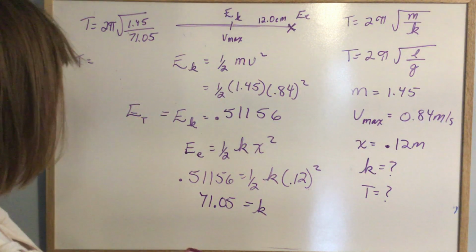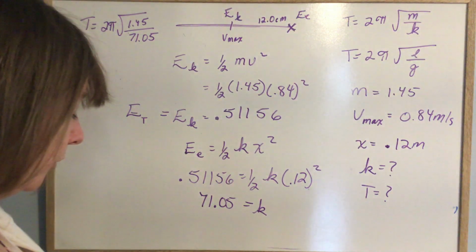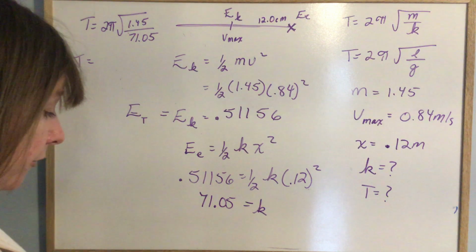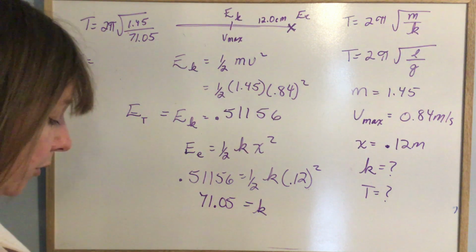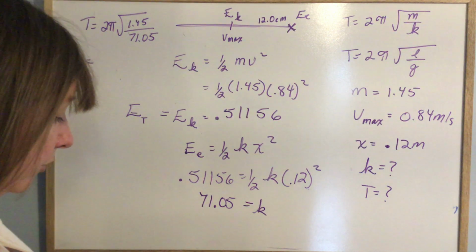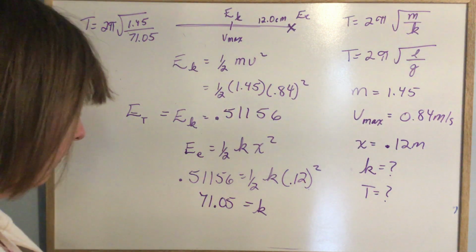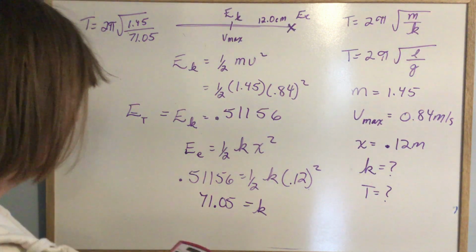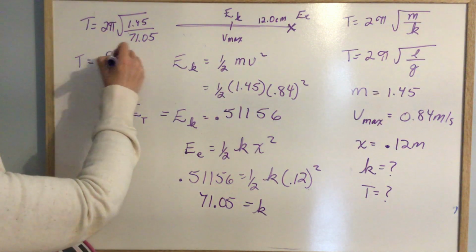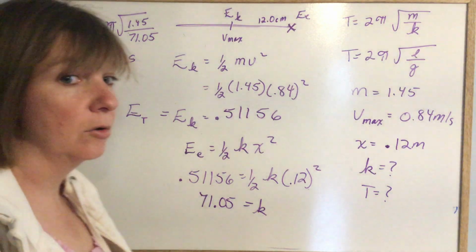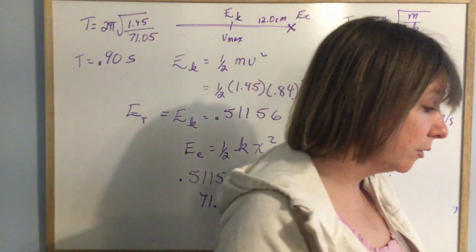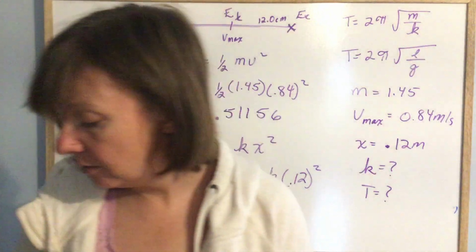So if I do 1.45 divided by 71.05, and I take the square root of that, and I multiply it by 2 pi, I get 0.897, which would round off to 0.90 seconds. So not quite 1 second, which makes sense with the question. So that's number 4.